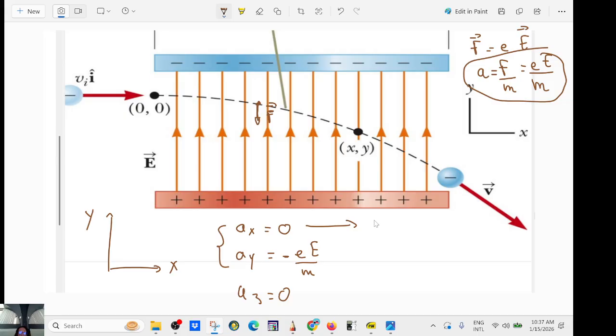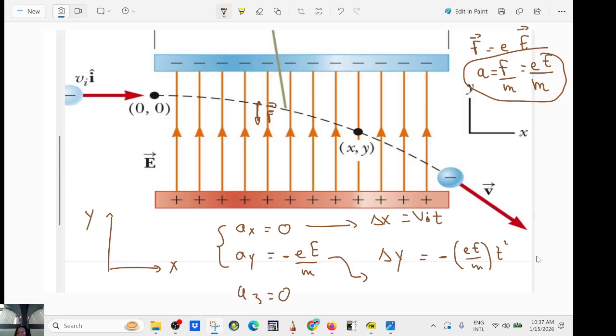The velocity stays the same, and the displacement is just the initial velocity times the time. Nothing exciting. And along the y-axis, you see the displacement equals initial velocity, no, there is no initial velocity, minus the acceleration, which is this, t squared, and I'm missing something.